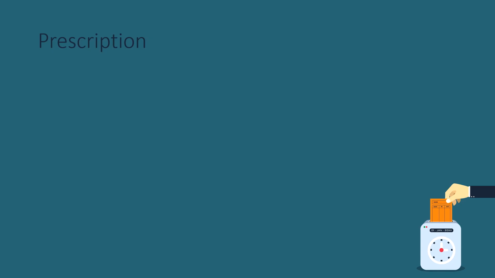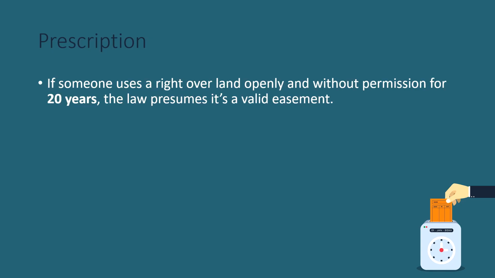Now we get to the final method, and this is prescription. You might have heard of the term before from torts, for example, and it does work similarly, but it is still a bit more complex, and not a lot of people want to rely on this because of all the formalities and requirements.